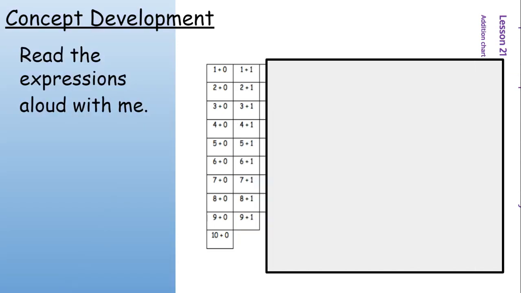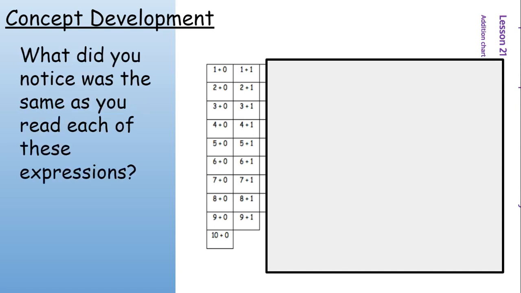Read the expressions aloud with me. Now we're looking at the plus 1 column. 1 plus 1, 2 plus 1, 3 plus 1, 4 plus 1, 5 plus 1, 6 plus 1, 7 plus 1, 8 plus 1, 9 plus 1.